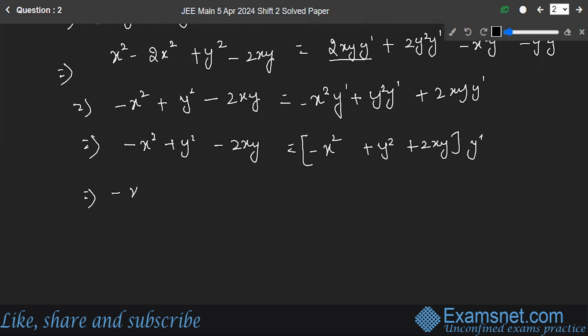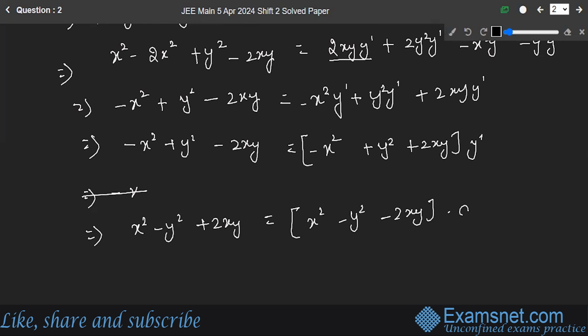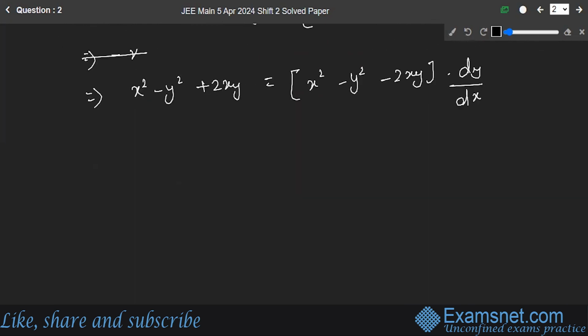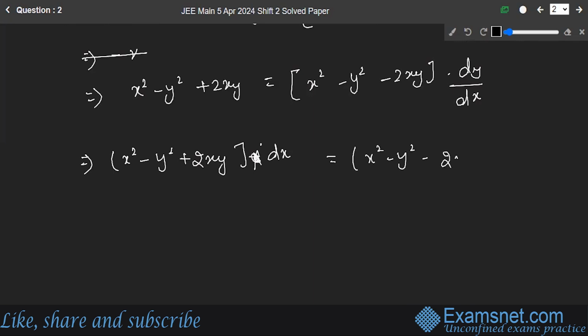So let's multiply both sides by minus. You will have x square minus y square plus 2xy is equal to x square minus y square minus 2xy into dy by dx, right? And this will be given by (x square minus y square plus 2xy) dx is equal to (x square minus y square minus 2xy) dy.